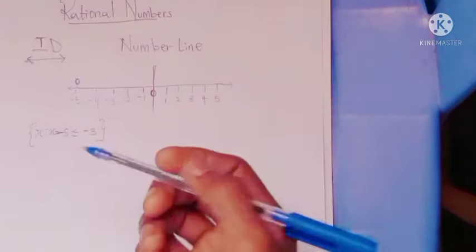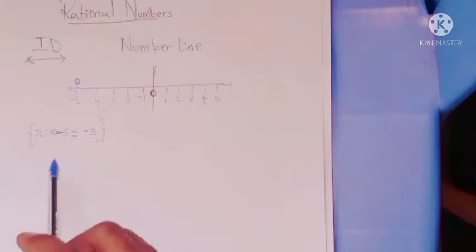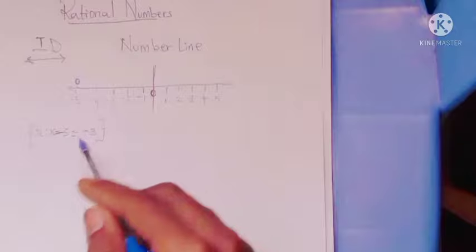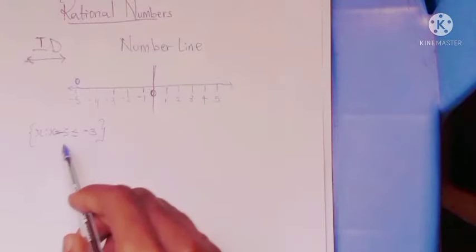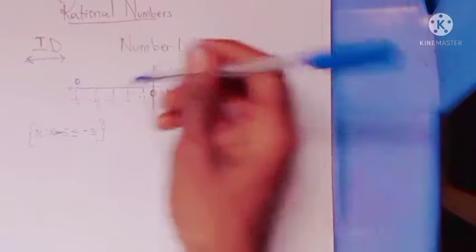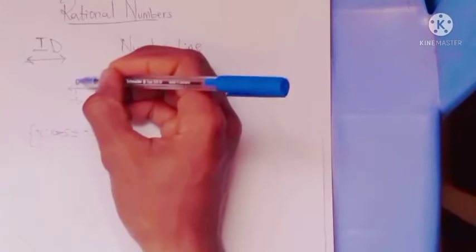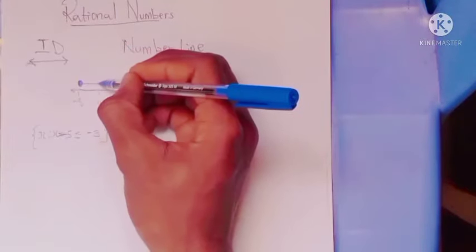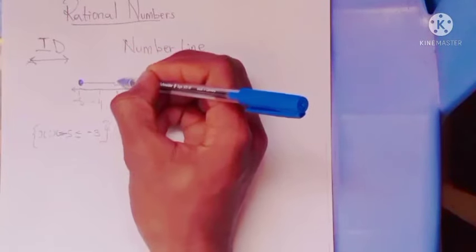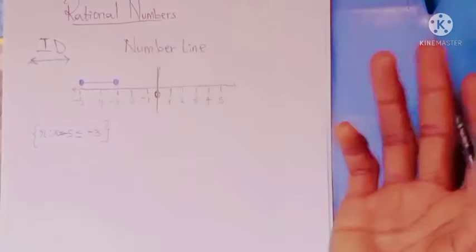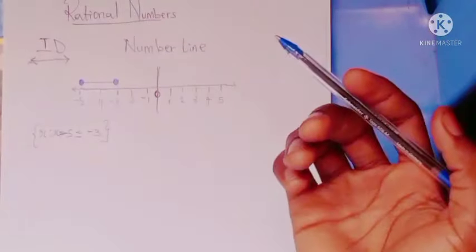In short, we can see that we have -5 less than or equal to -3. So since we have this less than or equal to sign, then the -5 is included. So we are going to shade this. Then extend a line this way, draw a circle here, and shade this part. So that is just it on number line.